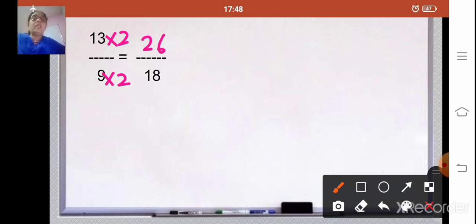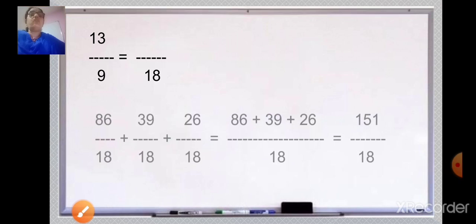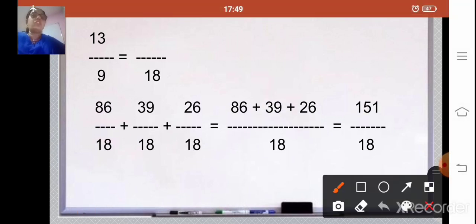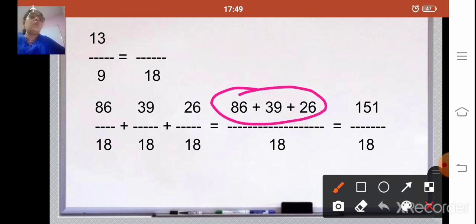Now all the denominators are the same. So we will add all the fractions: 86 upon 18 plus 39 upon 18 plus 26 upon 18. When we add it together, we get the answer as 151 upon 18.